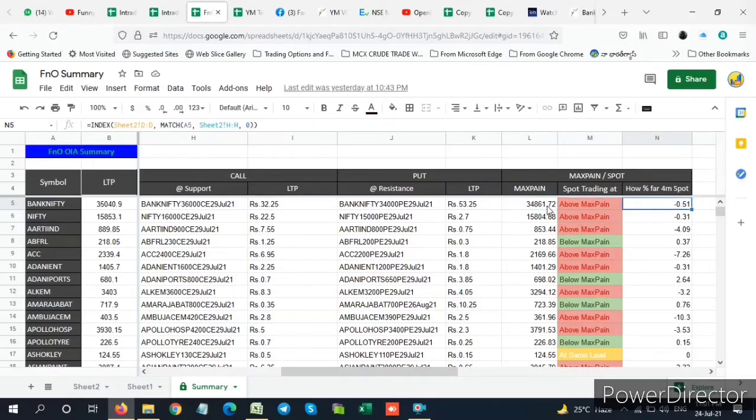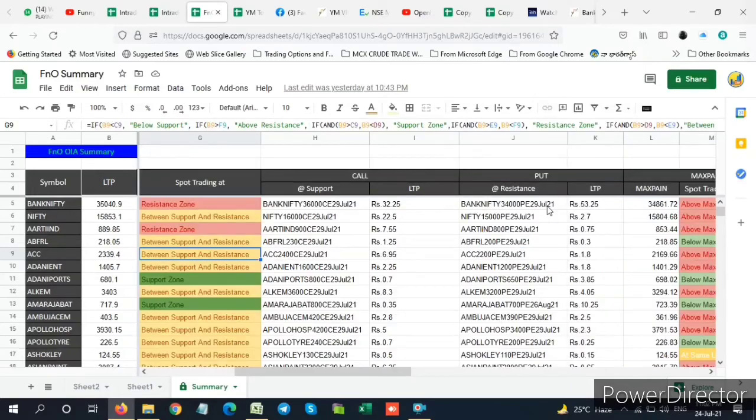So at the end of the day, if you find, see here it is 7% far from LTP in ACC, so maximum chances are it is going to come down. So in the same way you can take steps, or book your profit, or trail your stop loss, or exit according to your theory.